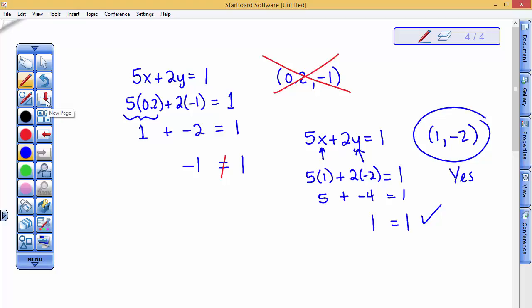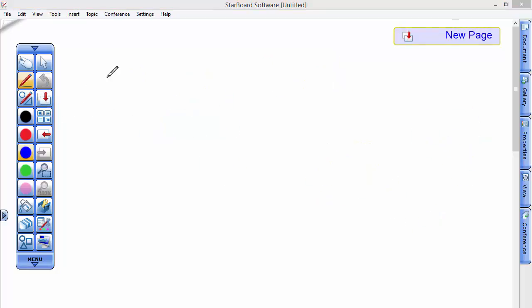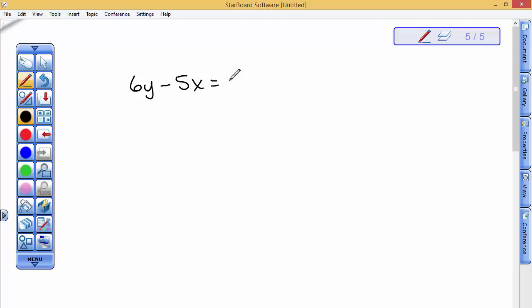Here's the next thing that I'd like to be able to do. Let's say I have an equation, 6y minus 5x equals 60, and I give you a value for x. Let's let x equal -10. I want you to find for me a value for y. So if you put in right here for x a -10, so you have -5 times that -10, bring down my 6y, and then we just follow the process of solving for y.